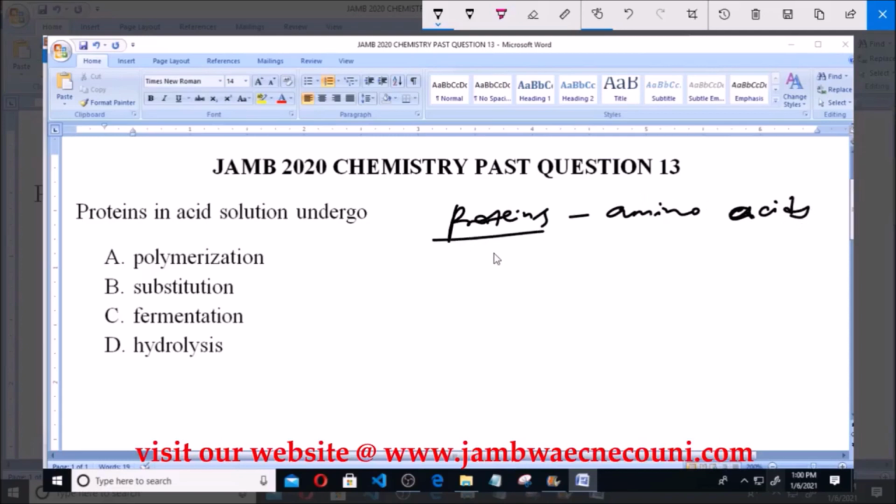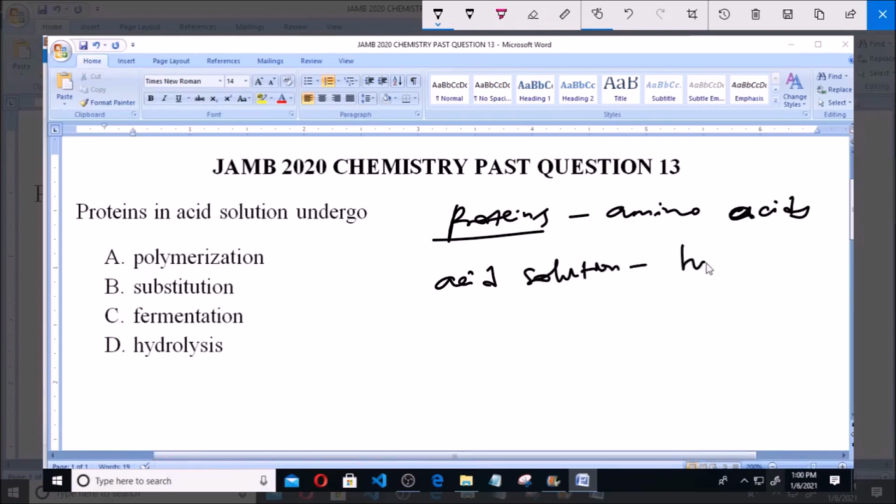When proteins are left in acid solution, they undergo what we call hydrolysis, that is the addition of water to the protein molecule. Adding water to the protein molecule will help to break the bonds, what we call the polypeptide bonds, holding the amino acids.